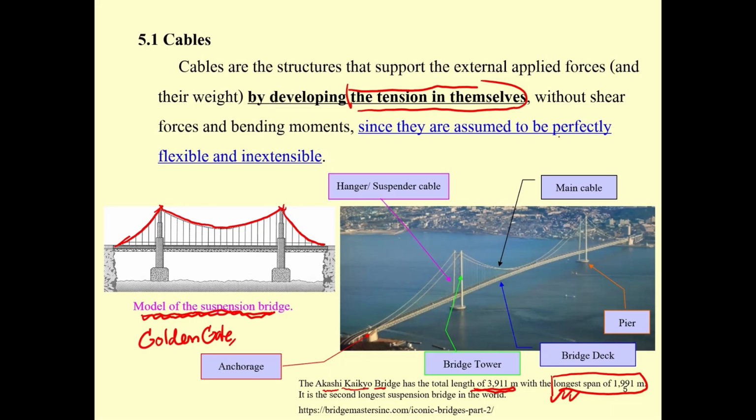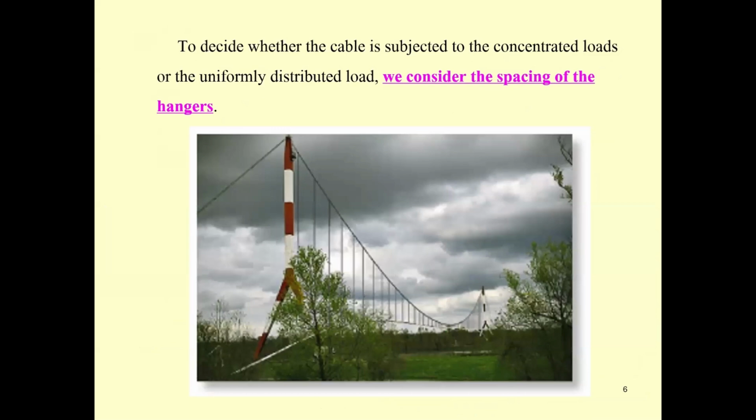And the cable in our study, we assume to be perfectly flexible and inextensible, no elongation, since elongation is very small compared to the total length of the cable. Okay, you may go to the link under it to read more about this kind of stuff.